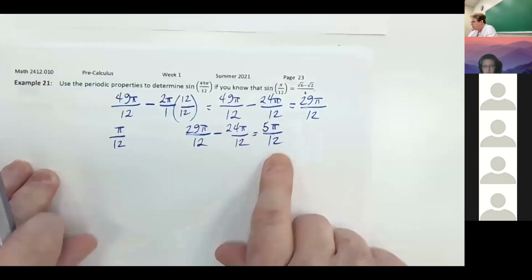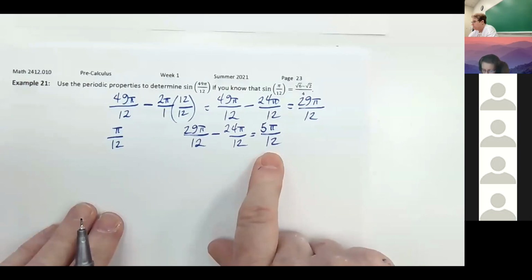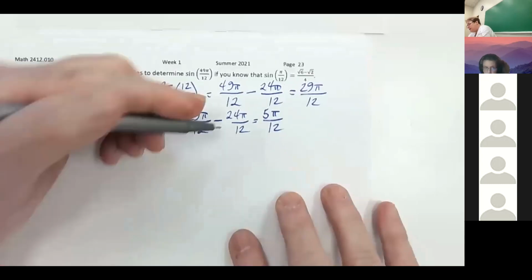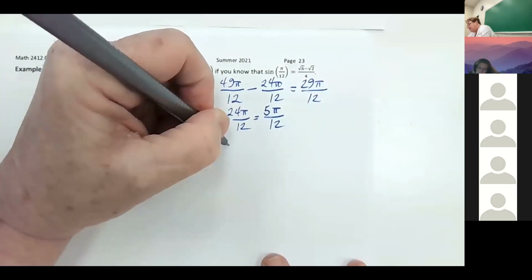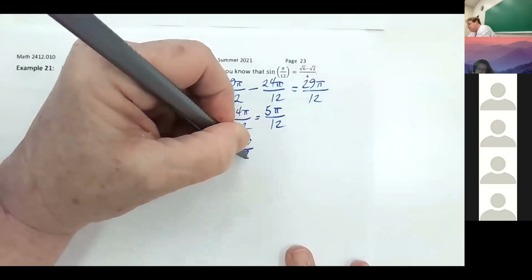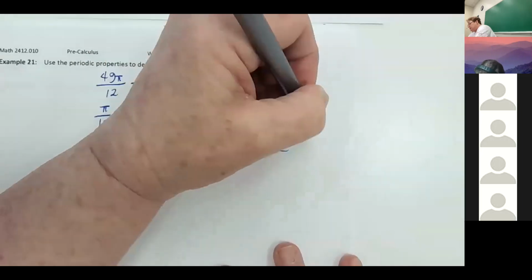Where is 5 pi over 12? Which quadrant? In other words, is 5 pi over 12 greater than pi over 2 or is 5 pi over 12 less than pi over 2?